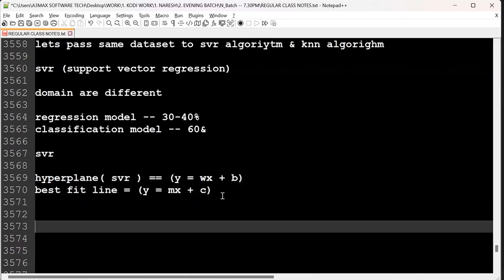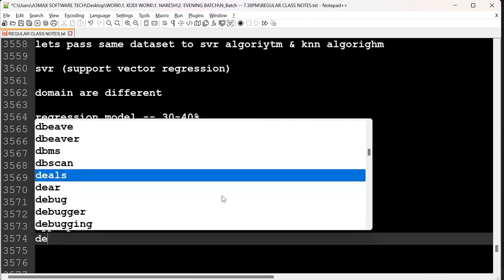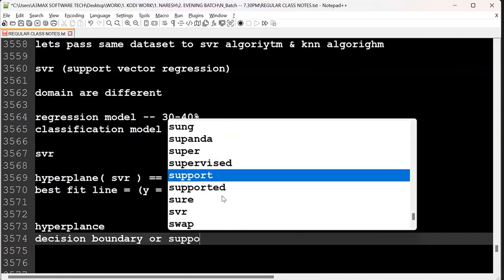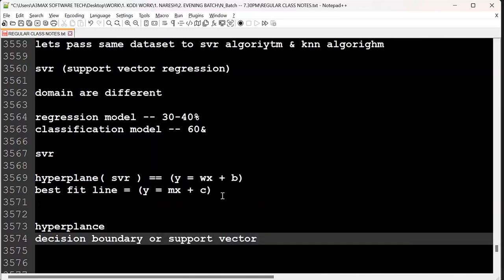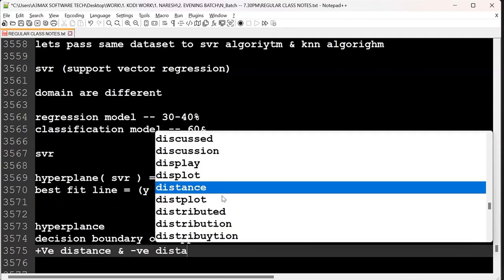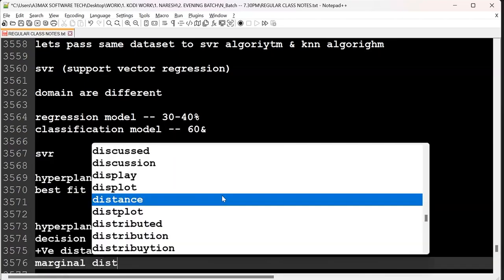Let's do this now. So what are the concepts we learned? Hyperplane, decision boundary or support vector, clear? And then positive distance and negative distance, and then marginal distance.